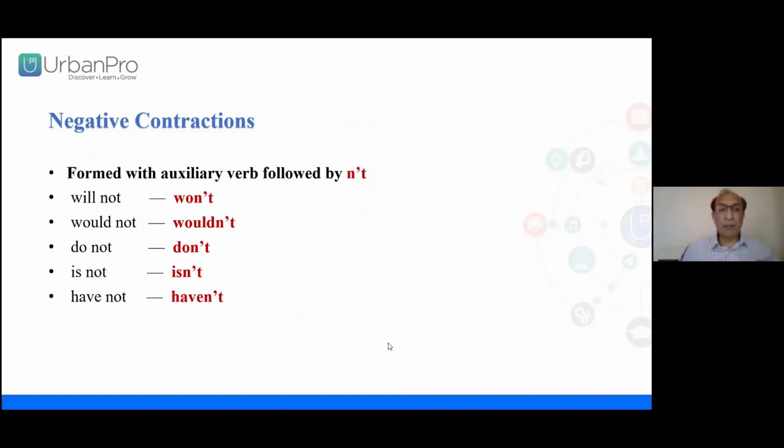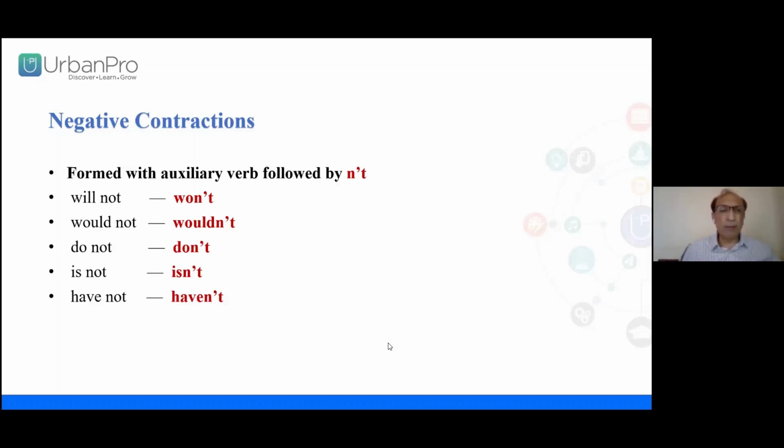Well, this takes us to negative contractions. These are formed with the auxiliary verb followed by an apostrophe t, n't. They are much simpler as compared to positive contractions, and I think they are followed by people generally the world over, both by native speakers and non-native speakers.